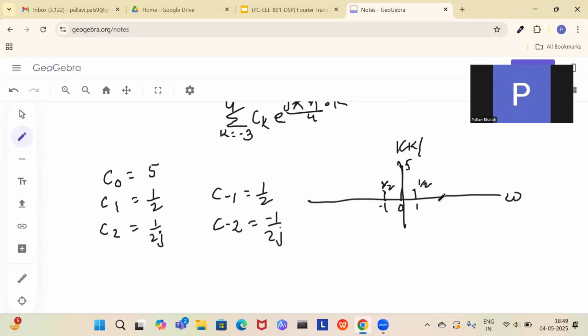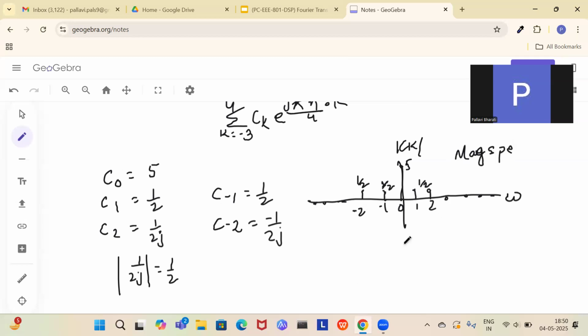For 2, the magnitude is half too, because if you take the mod of 1 by 2j, that is going to be half. So for 2 and for minus 2 it is half, and the rest of the values are 0. This is the magnitude spectra.